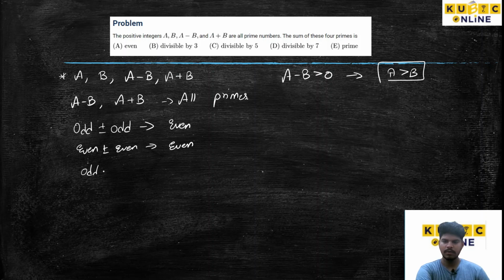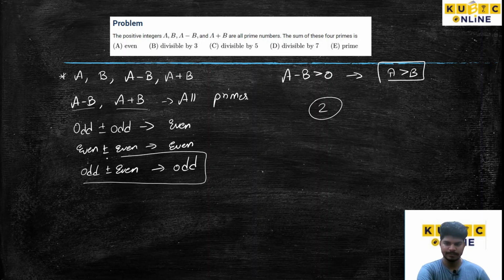But odd plus or minus even is odd. And among prime numbers, there is only one prime number which is even, which is 2. Other than that, all prime numbers are odd. Correct. So to get odd prime numbers, we need one odd prime number and one even prime number. And we have only one even prime number, so that prime number is 2.